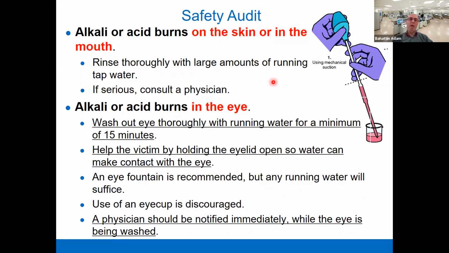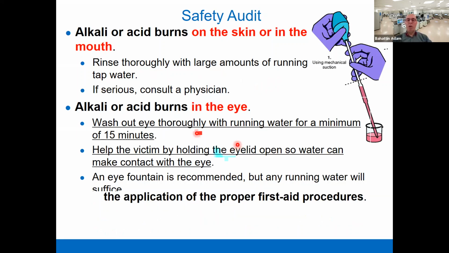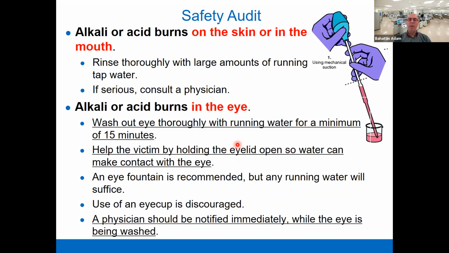Okay, if alkali or acid burns in our eyes, then wash out eyes thoroughly with running water for a minimum of 15 minutes, and help the victims by holding the eyelids open so water can make contact with the eyes. And a physician should be notified immediately while the eye is being washed. These three steps should be done if alkali or acid burns in the eyes.